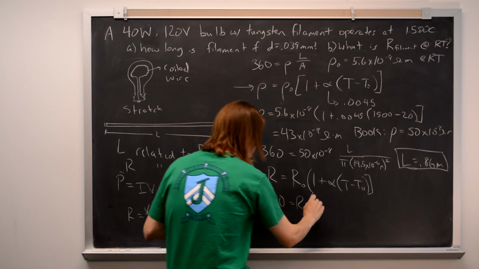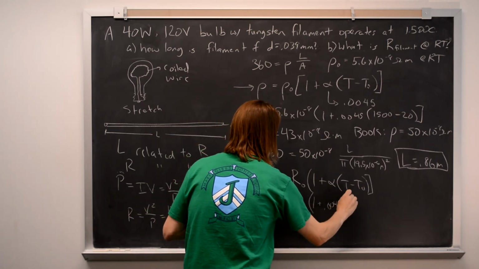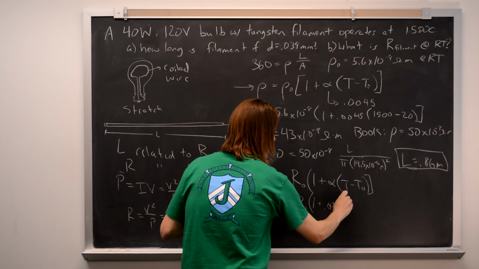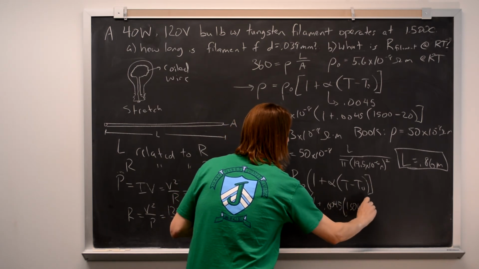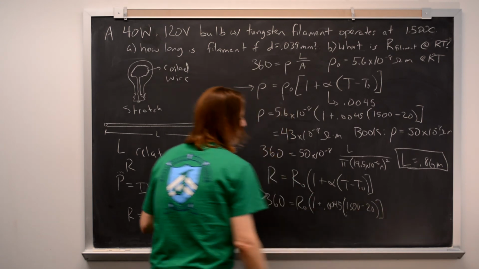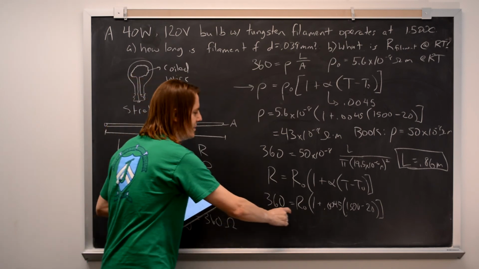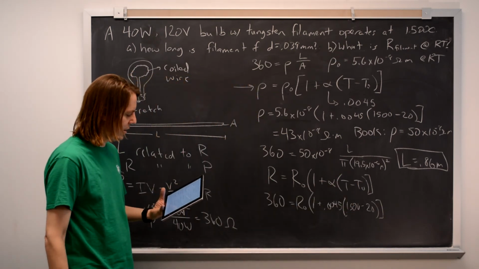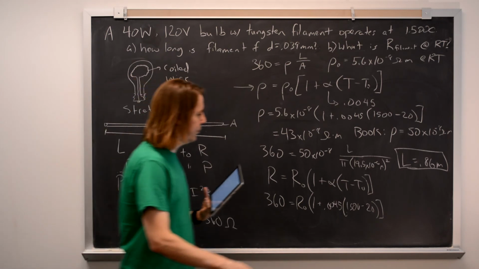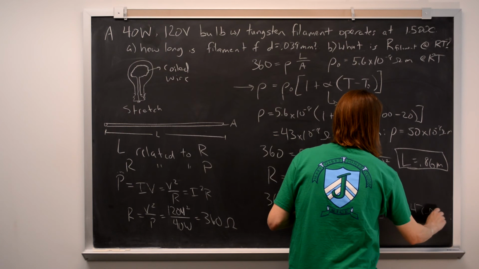All right, 1 plus 0.0045 times 1500 minus 20. Right? That doesn't look so hard. How could we possibly get that wrong? 360 divided by 7.66. And what do you get? You get R naught equals 47 ohms.